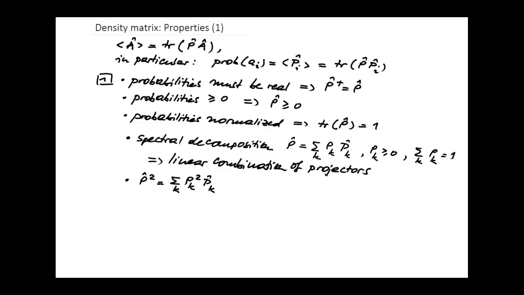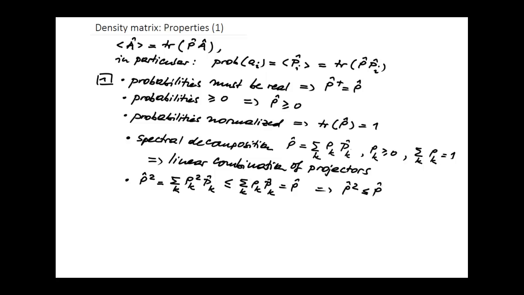If you take the square of a number between 0 and 1, the square is always less or equal to the number itself. It's equal only if the number is 0 or 1, but if it's between 0 and 1, then the square is always smaller than the number itself. So this is always less or equal to the sum over k of rho_k pk, which is equal to rho. So in other words, rho squared is smaller or equal to rho.